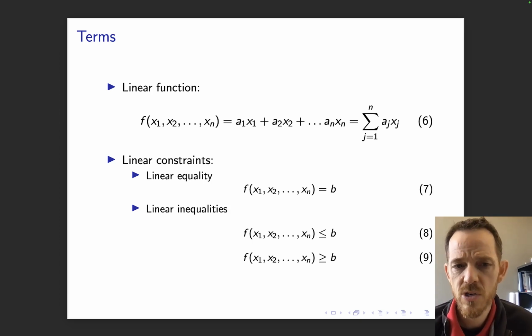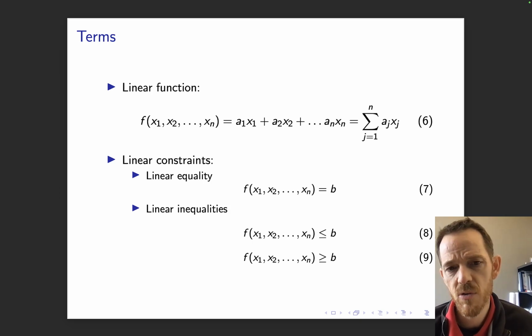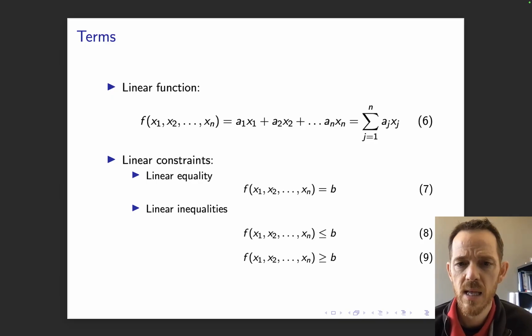A linear function is one where we have a function of several variables, and that means they have coefficients: a sub 1 times x sub 1 plus a sub 2 times x sub 2 is going to be the function that we're working with.